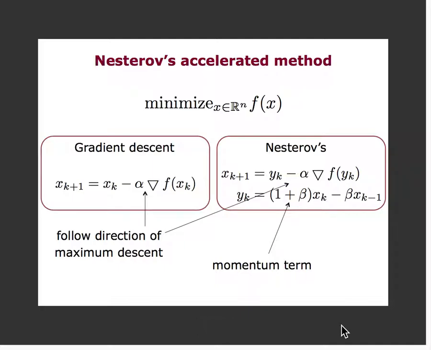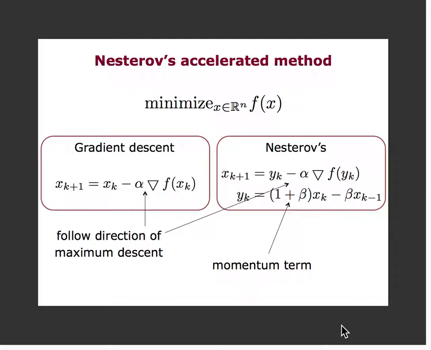Okay, so what is Nesterov's method? Let's assume that we want to solve an unconstrained optimization problem. We know that in gradient descent, we just make small steps in the direction of the gradient. In Nesterov's method, we basically do the same thing, but we have a momentum term. So we tend to keep going in the same direction that we're going as we move along.